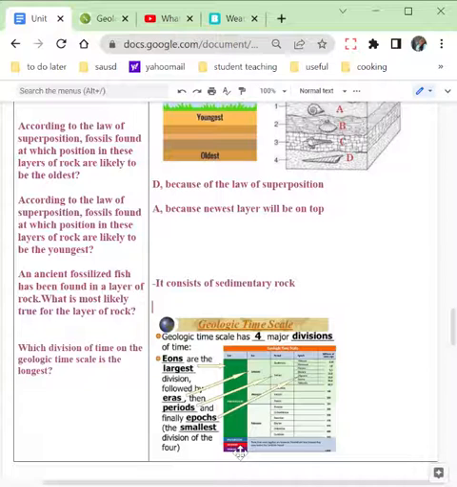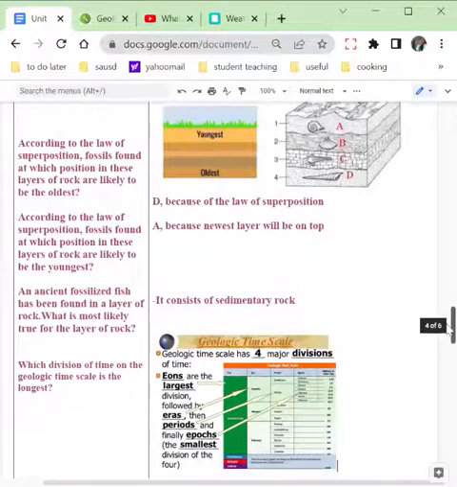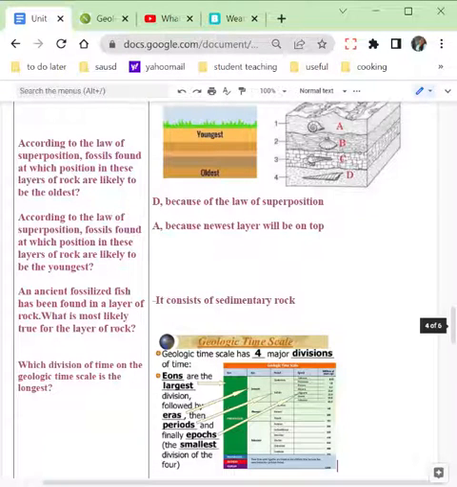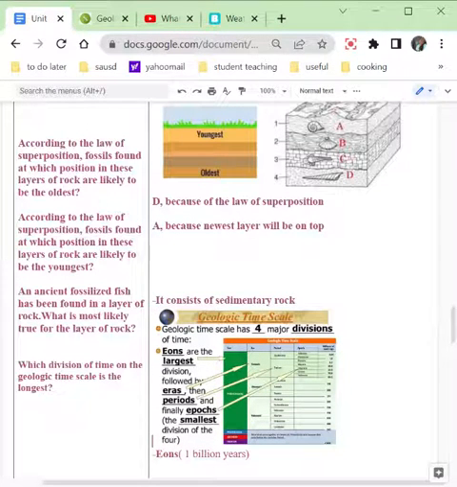And it's broken into four, so we have four different types of eons. I'm going to move this up a little bit. So yeah, eons, 1 billion.